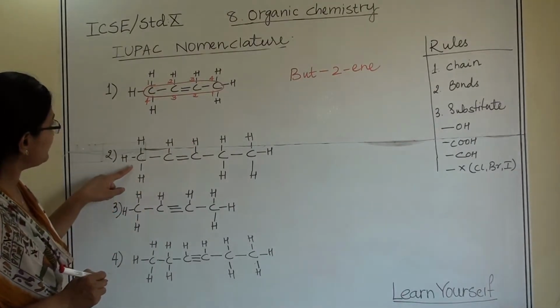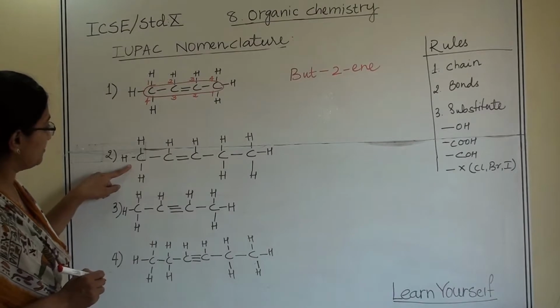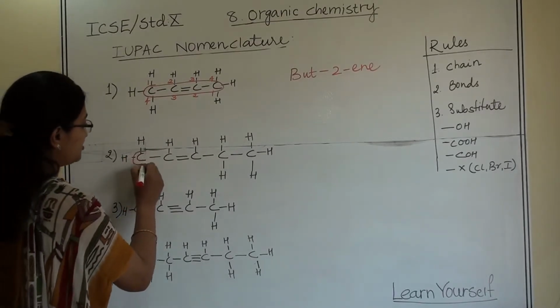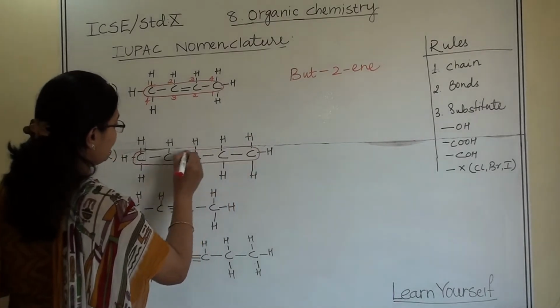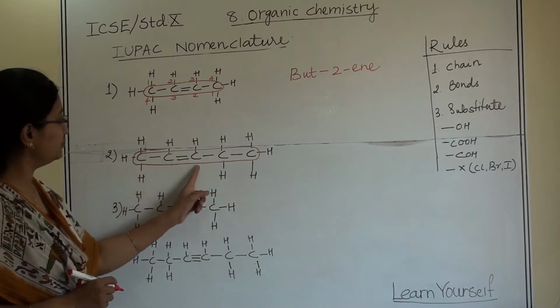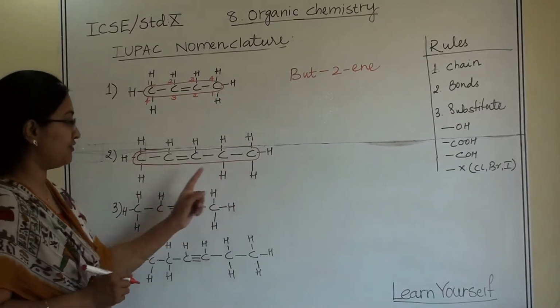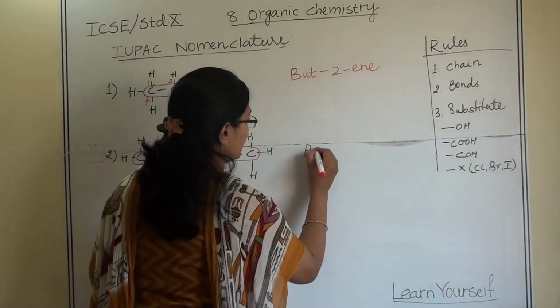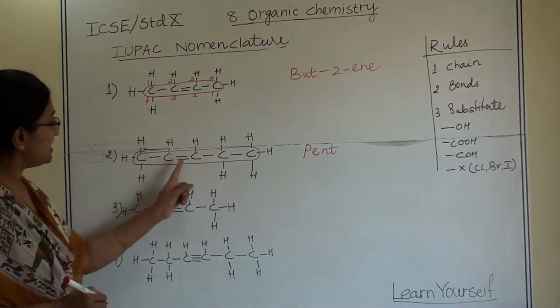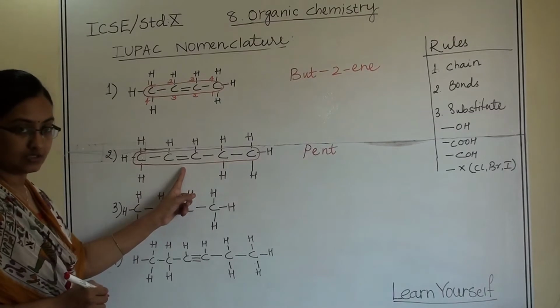Now let us try to understand this one. First, as per our rule, identify the chain, the main chain. How many carbon atoms are there? 1, 2, 3, 4 and 5. So it will be pent. Then you see where the triple bond is. Here.